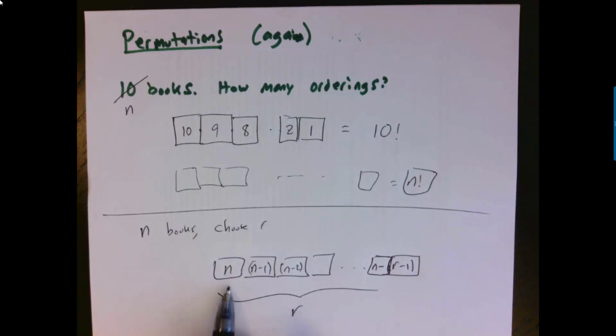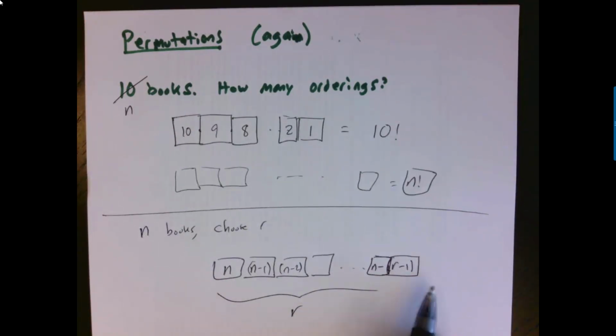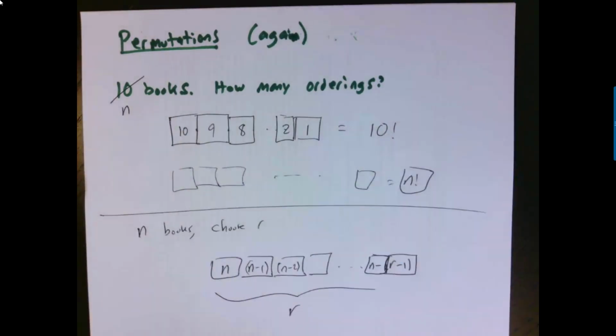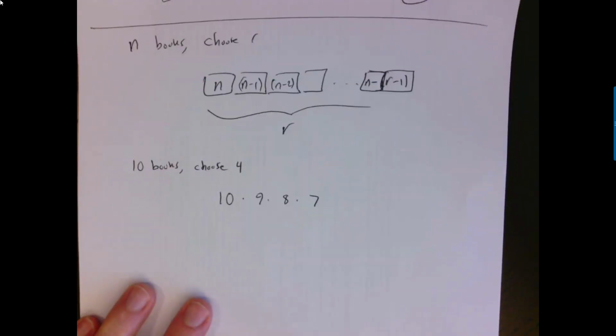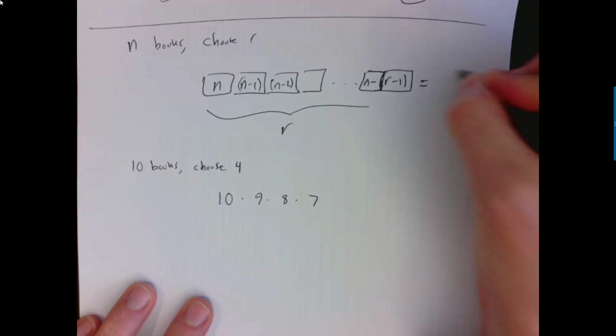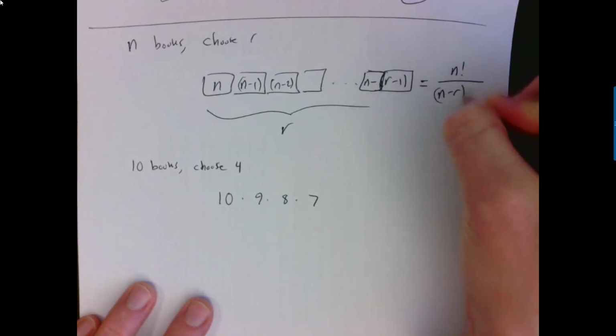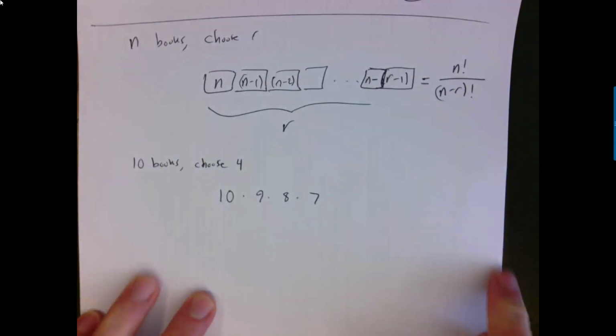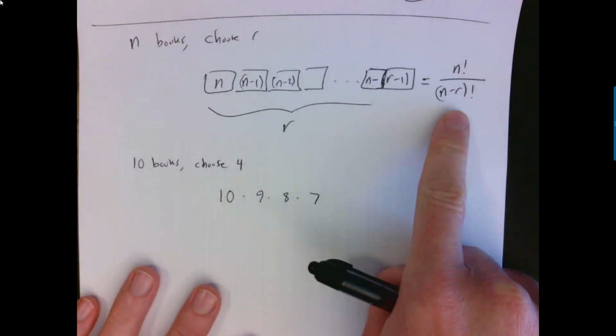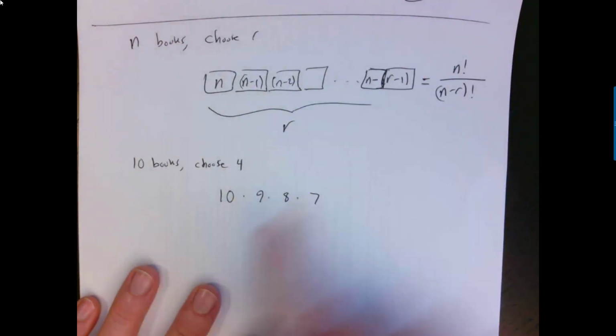And so this is a falling factorial, as we discussed in our last video. In the actual equation, we ended up writing it this way: n factorial divided by n minus r factorial. And it might not be obvious why this thing is the same as that thing, but it will be with an example.